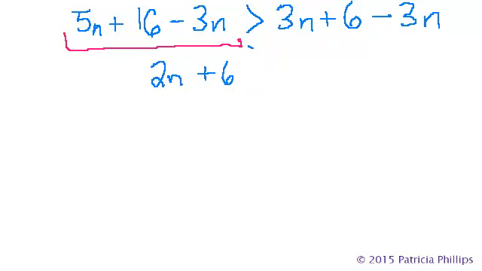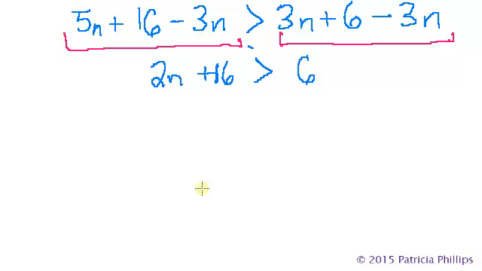And 3n minus 3n is 0, and we have a 6. Oops, on the left hand side I forgot the 1 for our 16. Okay, and we have greater than, and we have just a 6 left over on this other side.